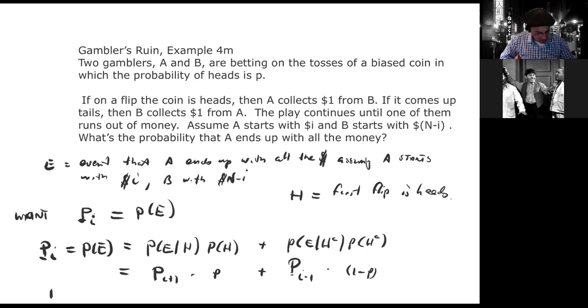And moreover, what is P sub 0? P sub 0 is the probability that A ends up with all the money, assuming that A starts with $0. Well, that's obviously going to be 0. And we also know that if A starts off with all the money to begin with, and B has no money, A is always going to win. So these are the initial conditions.